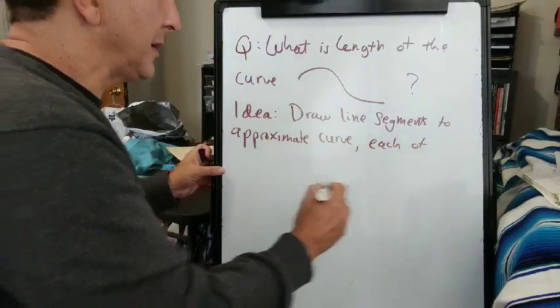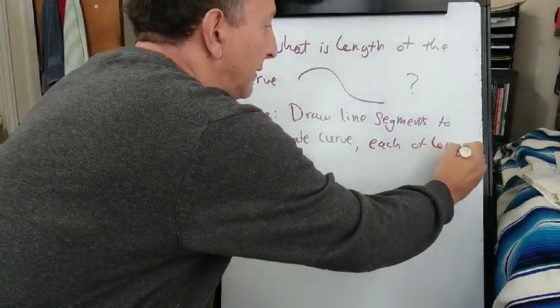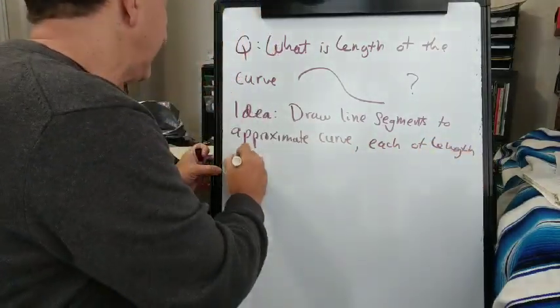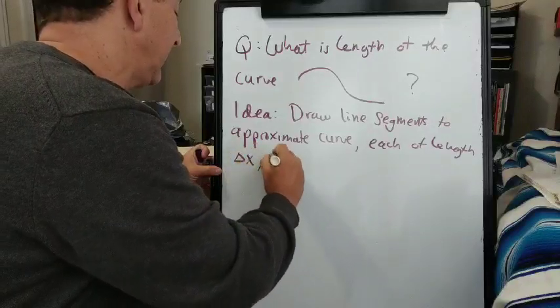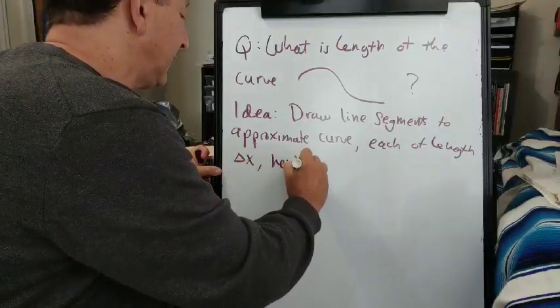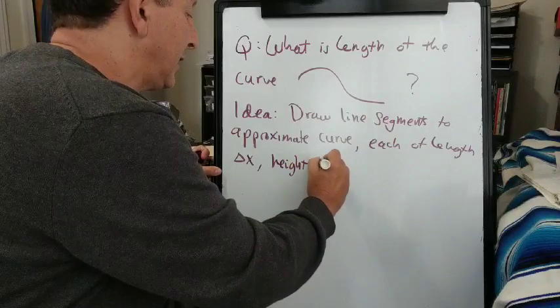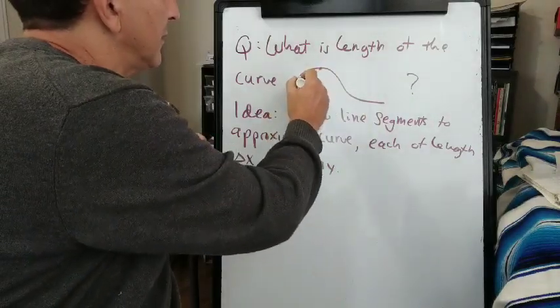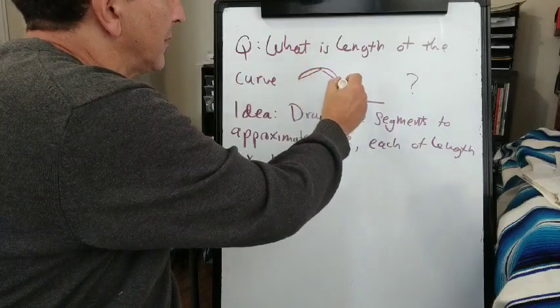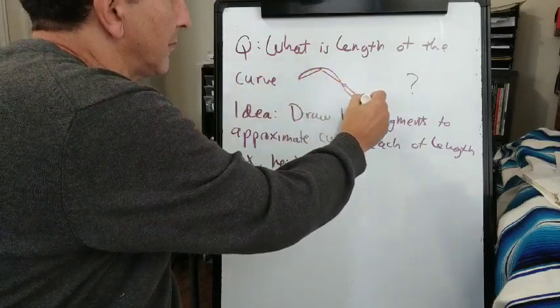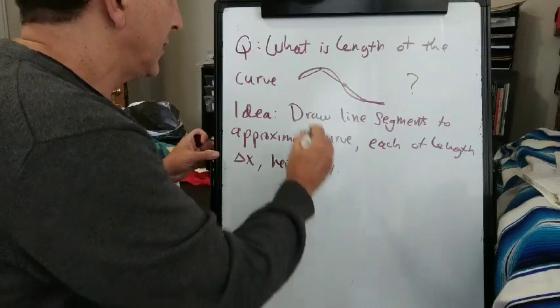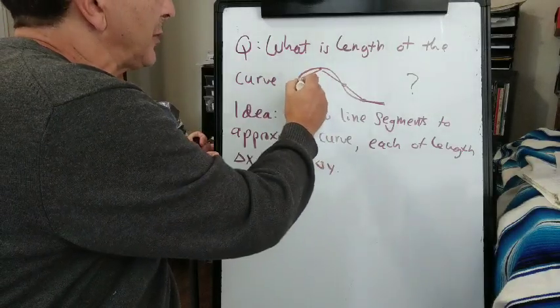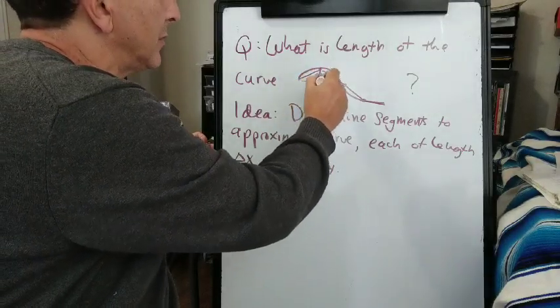And each line segment is going to have horizontal length delta x and height delta y. Then each one of those line segments makes a right triangle.